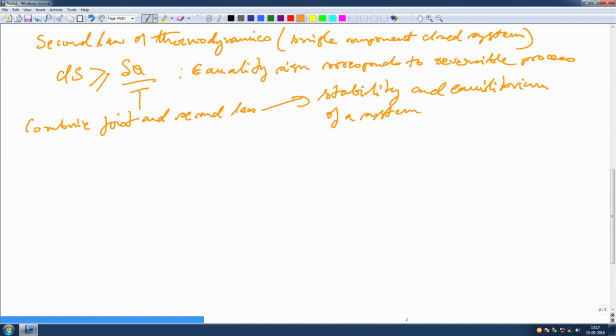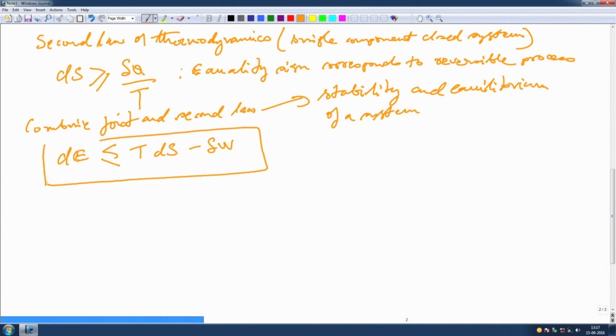Now, in that particular case, if you combine these two and neglect the non-internal energy parts, you can write it like this, ds minus w. This particular thing combines the first and the second law of thermodynamics essentially.